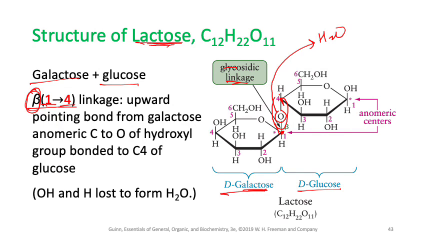And if you look at the second anomeric carbon, on the second monosaccharide in the Haworth projection, which is glucose, this is free, right? It's not bound to any other monosaccharide. So if you dissolve this lactose molecule in water, the glycosidic linkage won't break down, but this anomeric carbon can open one more time, and then it converts into an aldehyde again.